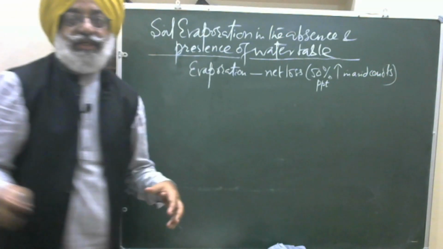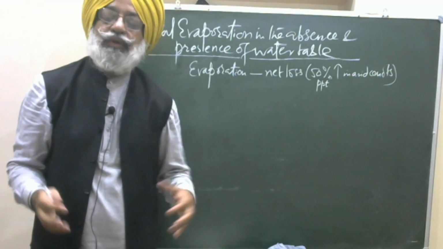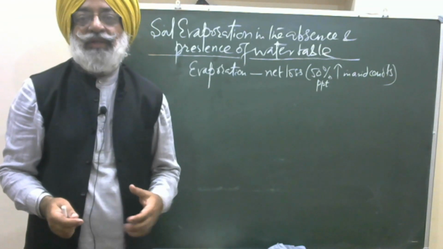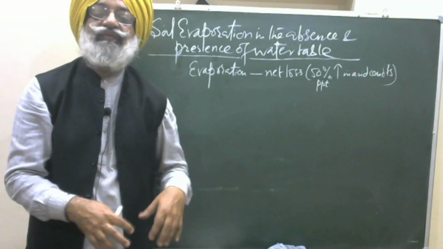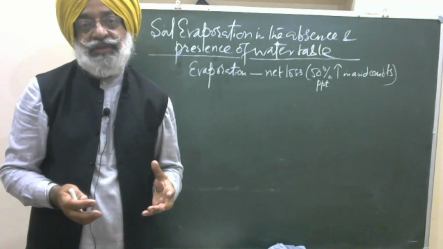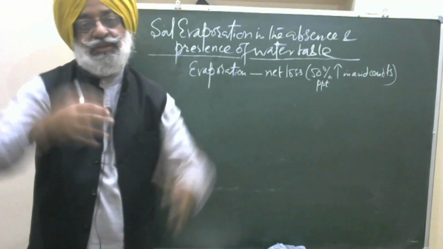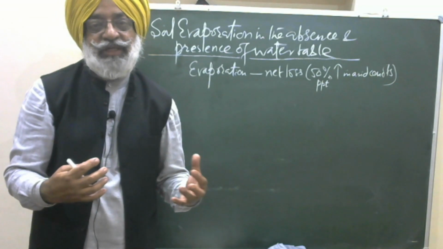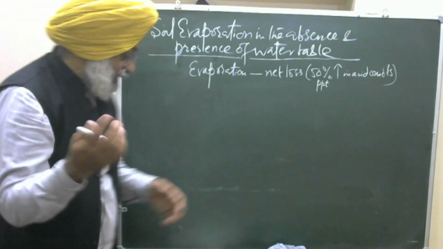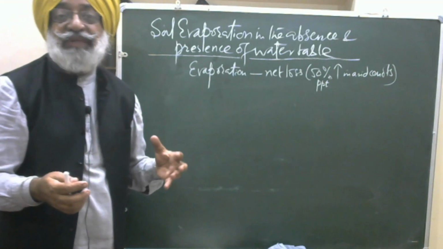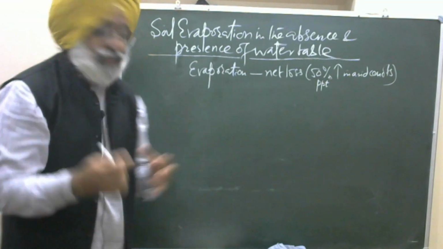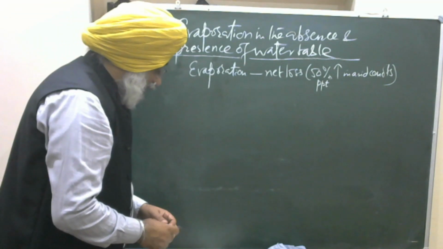So if you have 100 millimeter of rainfall in an arid environment, the evaporation will be 150 millimeters. So ultimately it's a net loss. You are getting 100 millimeter, you are losing 150 millimeters. And when I say arid climatic conditions, that means very harsh climatic conditions. That means evaporativity is very high.